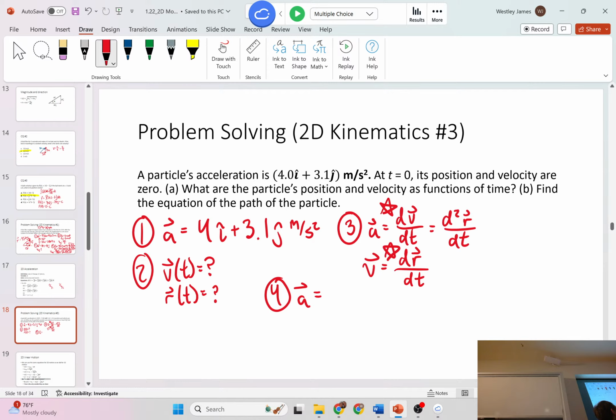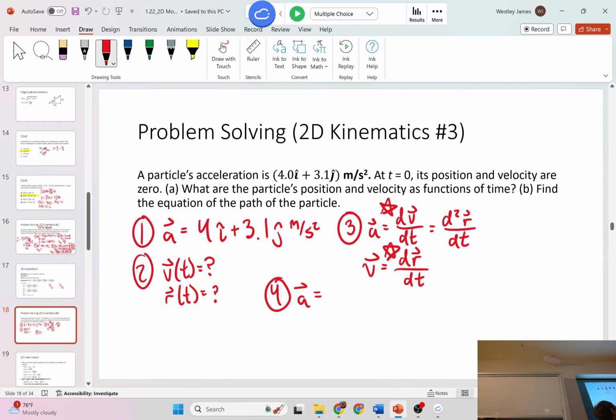Okay, so take the integral. If we want velocity, we're going to need to integrate 4 i hat plus 3.1 j hat with respect to time. You have to know what you're integrating with respect to. These are derivatives with respect to time, so we will integrate with respect to time. Very easy integral. 4t i hat plus 3.1t j hat.